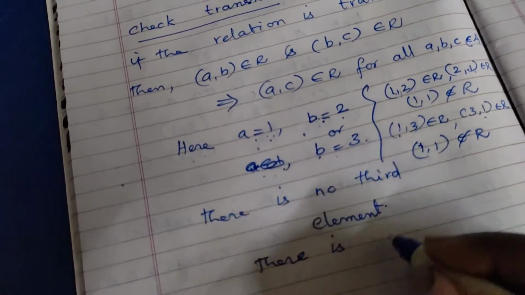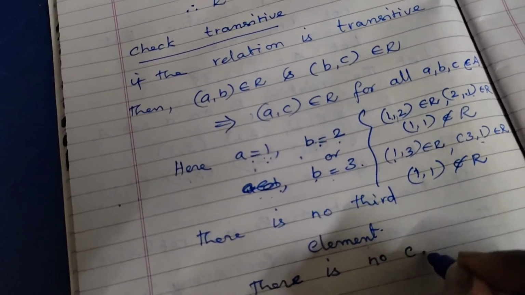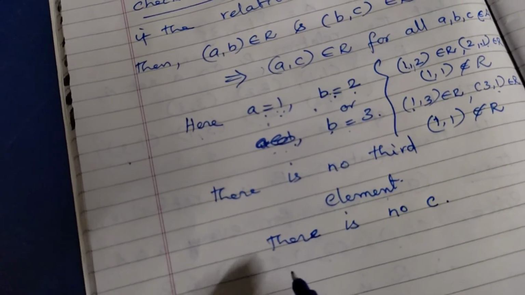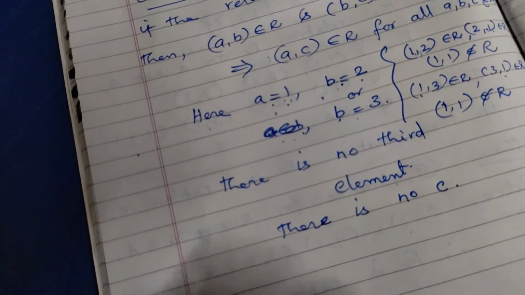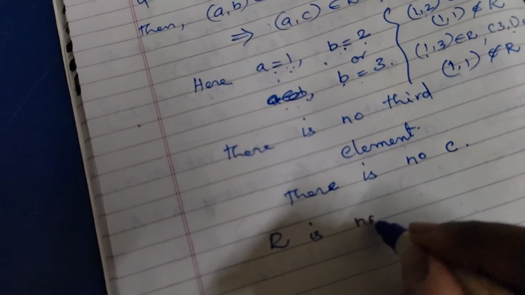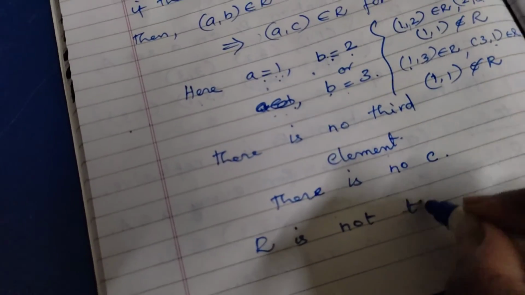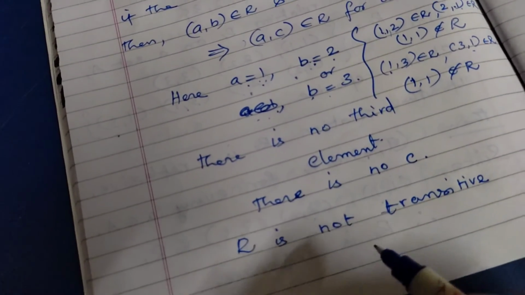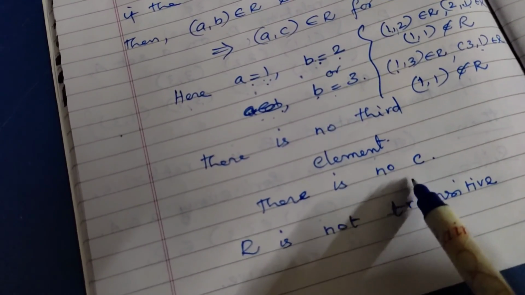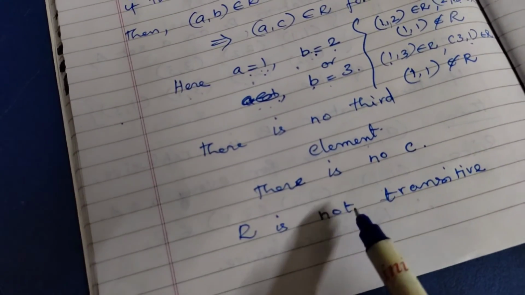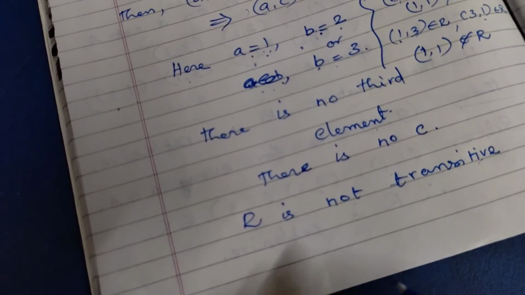Therefore the relation R is not transitive, because we don't have that third element. Therefore, we can say that R is not transitive.